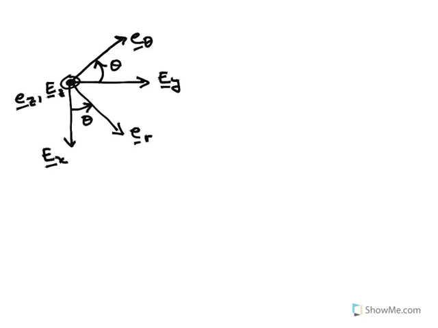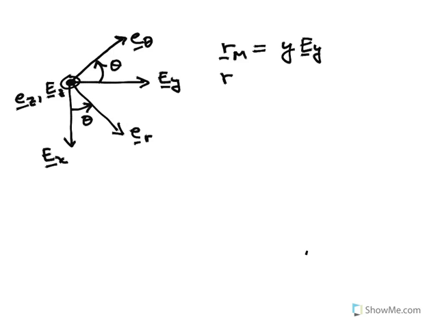Now, we need to describe the position of each point. So let's actually do that. The position of big M, again measured relative to point O, is going to equal Y EY.